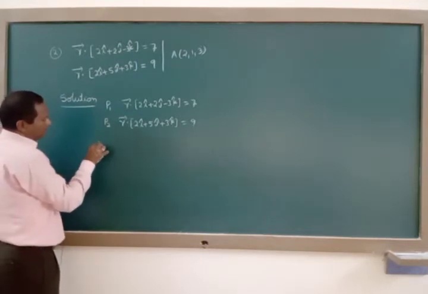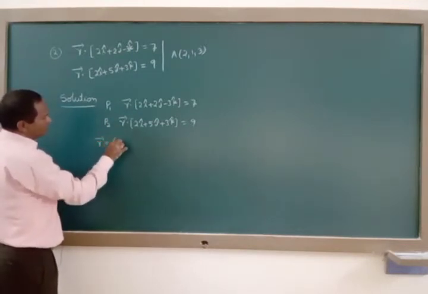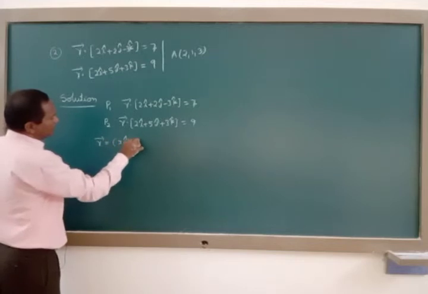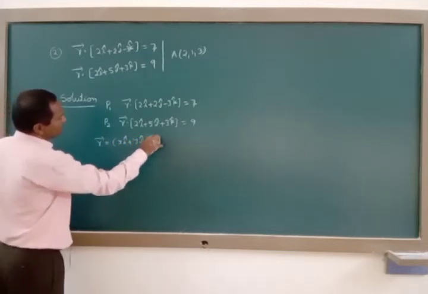Put r vector is equal to xi cap plus yj cap plus zk cap here.